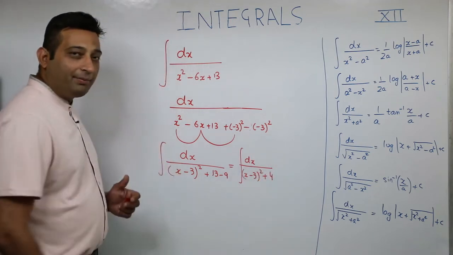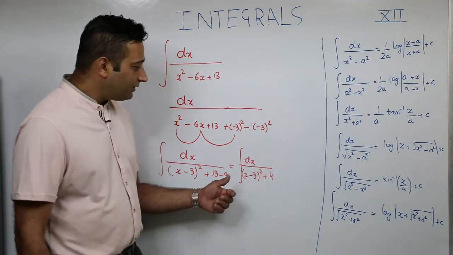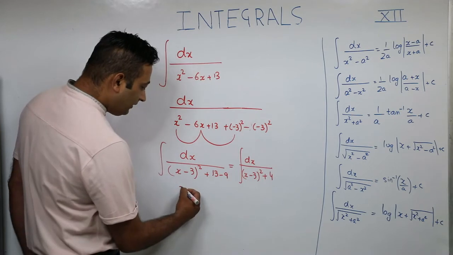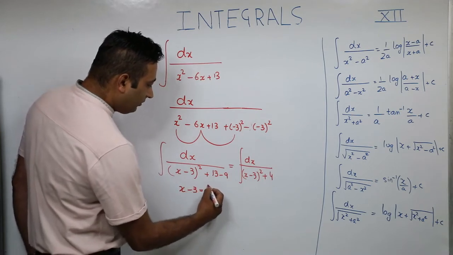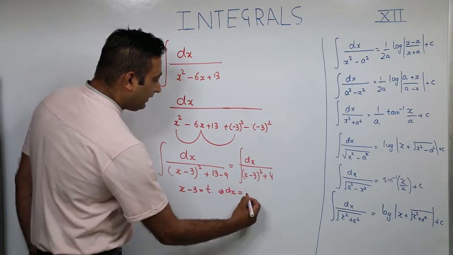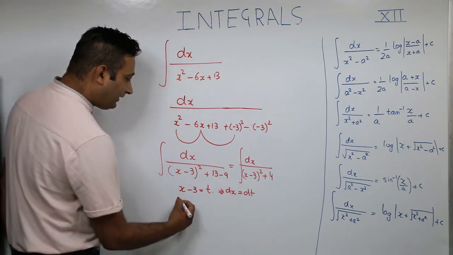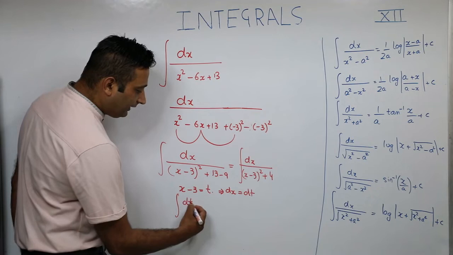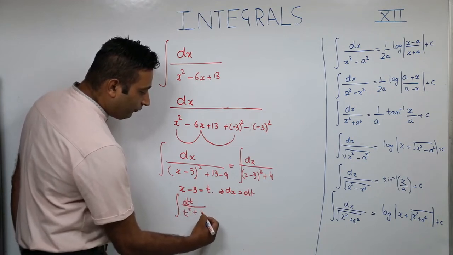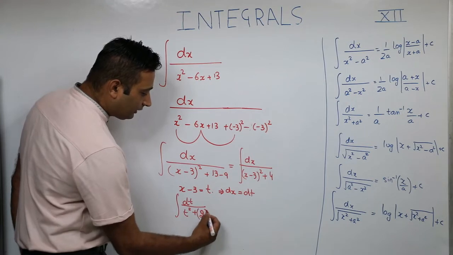Now we can compare this with the standard form after substituting x minus 3 as t. So let us substitute x minus 3 is equal to t. We get dx is equal to dt. Therefore the standard integral will be of the form dt upon t square plus 4, and 4 can be written as 2 square.